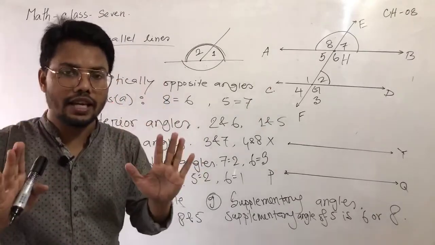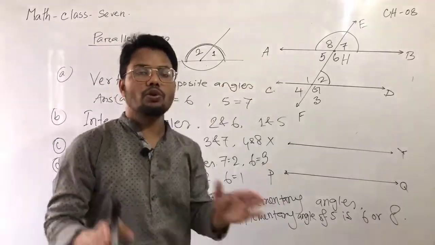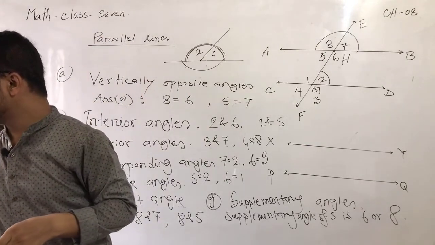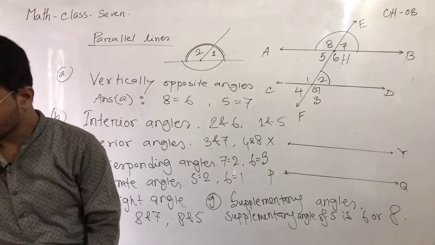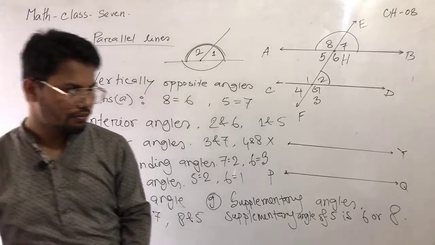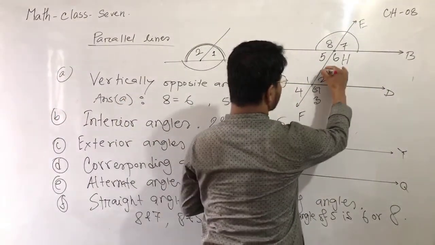Basically, chapter 8 is totally dependent on parallel lines. If you identify corresponding angles, I am using different colors, my dear students, give attention. And this is the note. Give your attention.